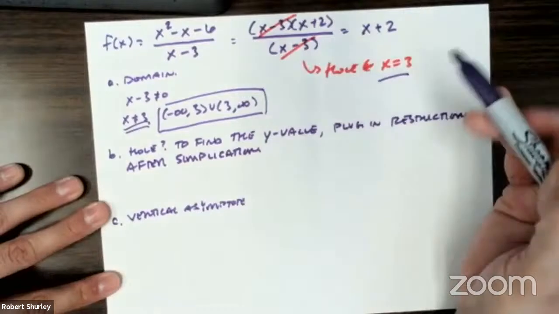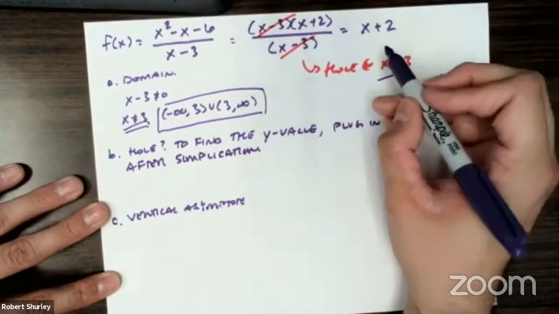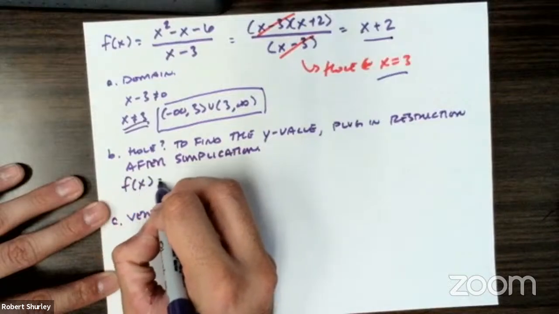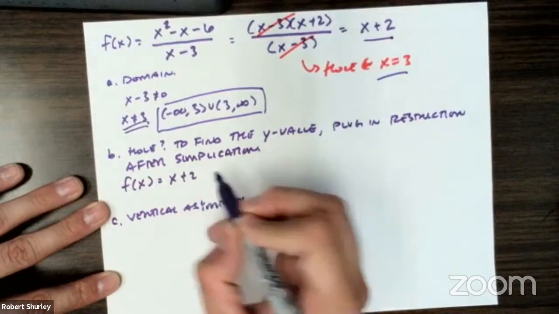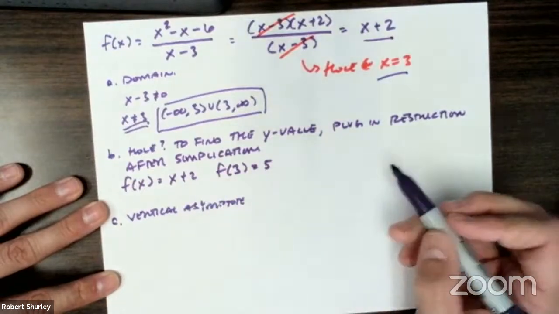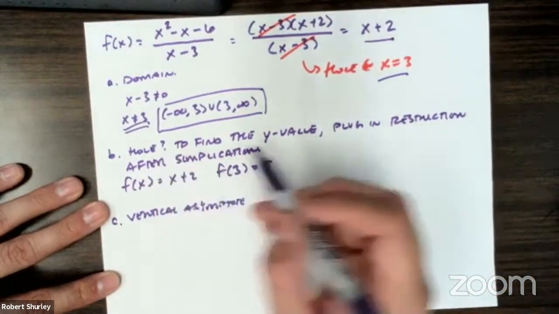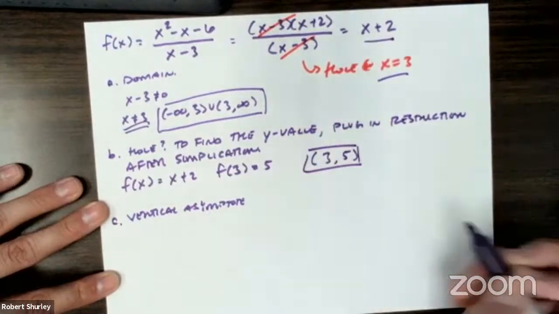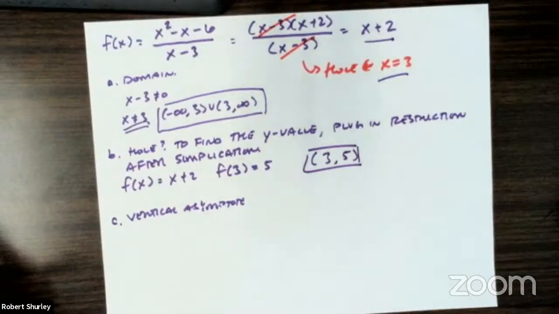Once we simplified, now we can plug in x equals 3 into our equation. So, our simplified equation is f of x equals x plus 2. F of 3 would give me 5, right? 3 plus 2 is 5. So we have a hole at 3, 5. Okay? We have a hole at 3, 5.